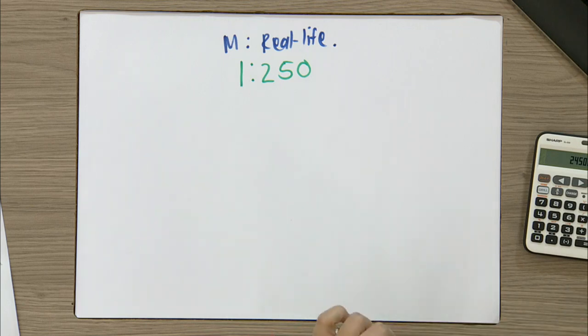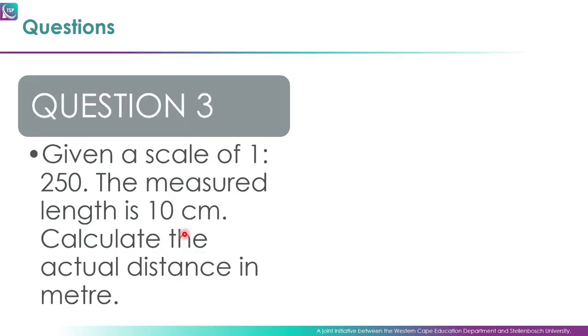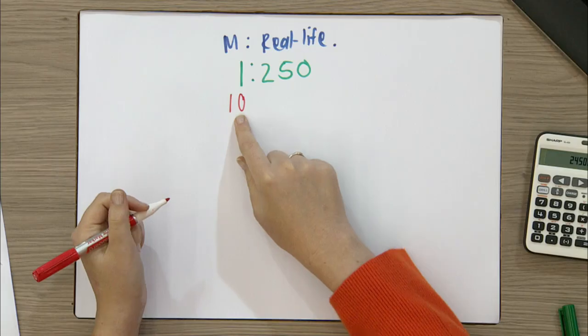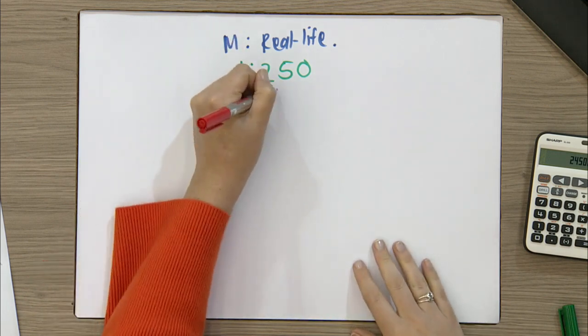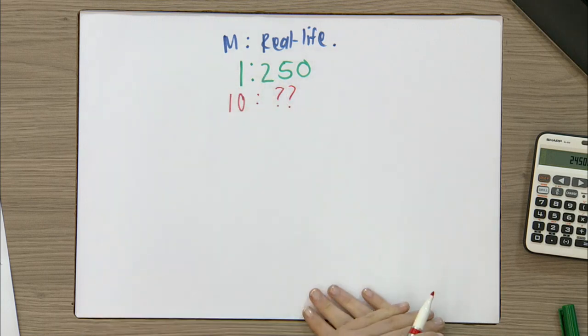Now I go back and I check what was given to me. It says that the measured length is 10 centimeters. So in other words, I know this must go under measured or map, because you measure on the map, and it means we don't know what the real life distance is.